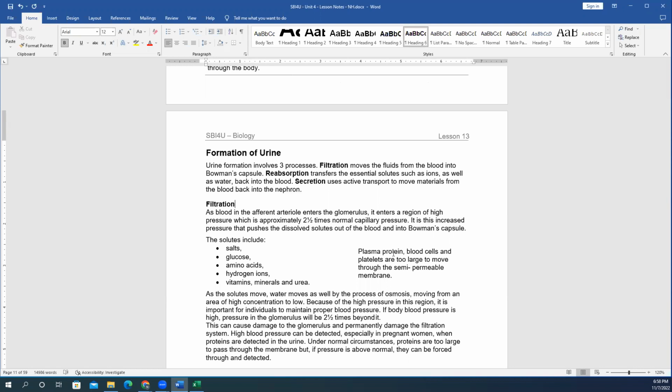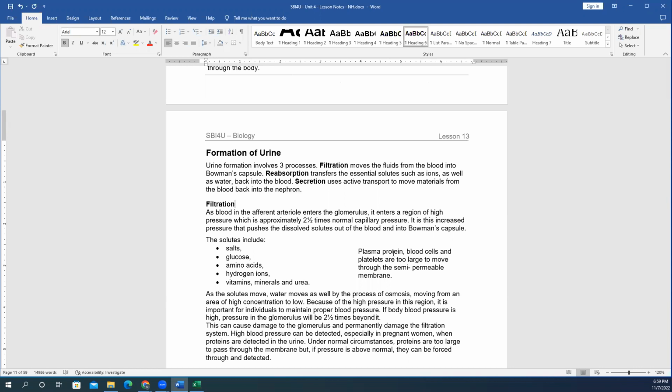And this type of high blood pressure can be detectable, especially in pregnant women, when proteins become detected in the urine. Typically, you're not supposed to have any proteins that are able to pass through this semi-permeable membrane.